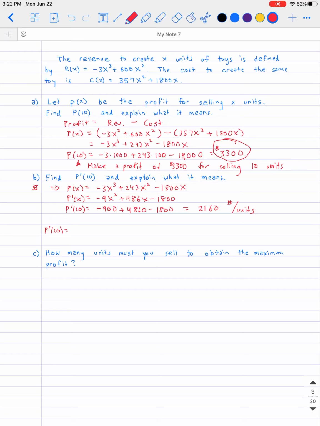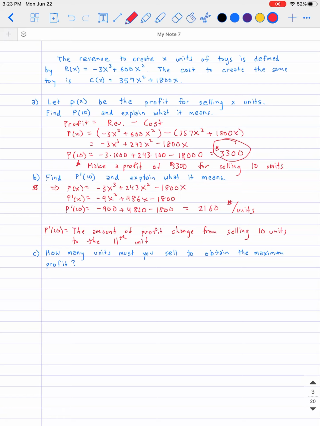P prime of 10 is equal to the amount of profit change from selling 10 units to the 11th unit.